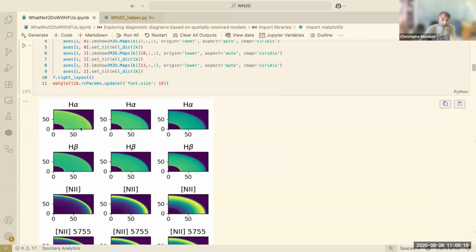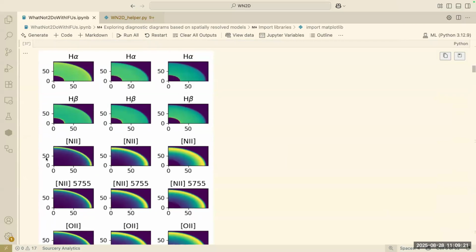It's not a projection yet, just a cut. You can see that when the abundance is increasing, the ionization parameter is decreasing, so the low ionization species are more important. For example, you see that N2 is more important in the right column, where they are a little bit metal-rich.